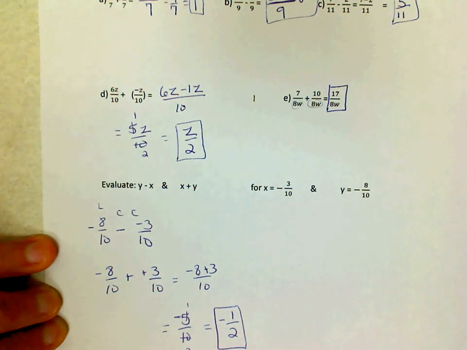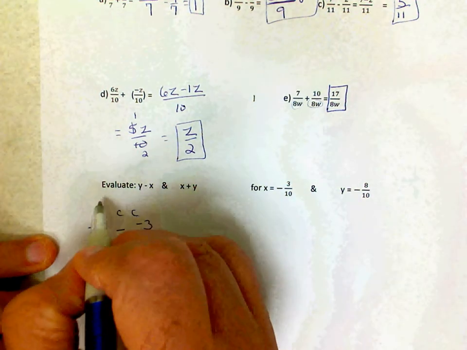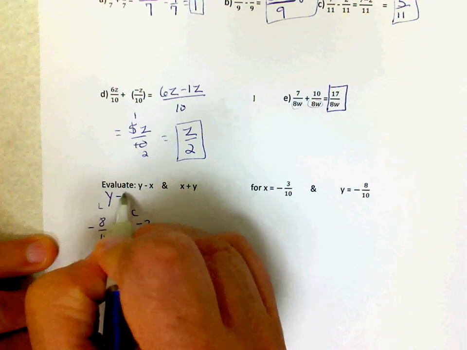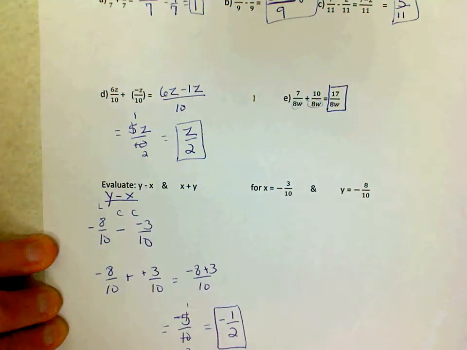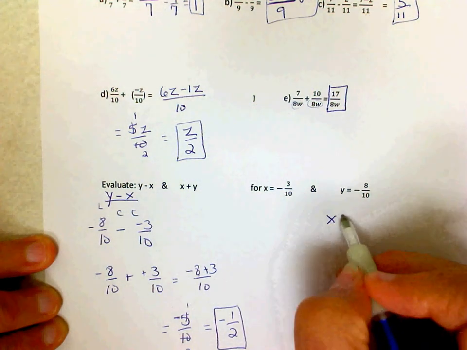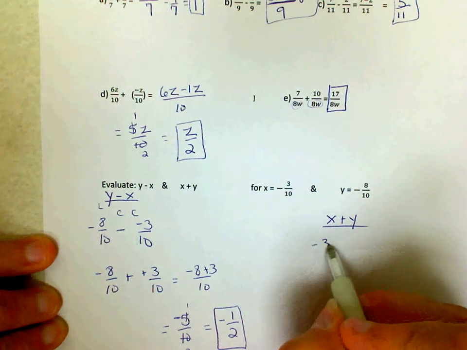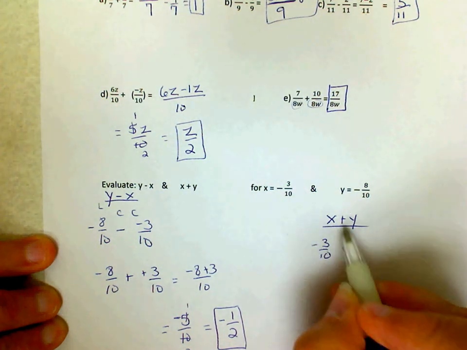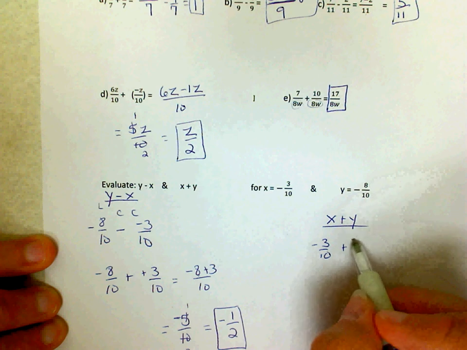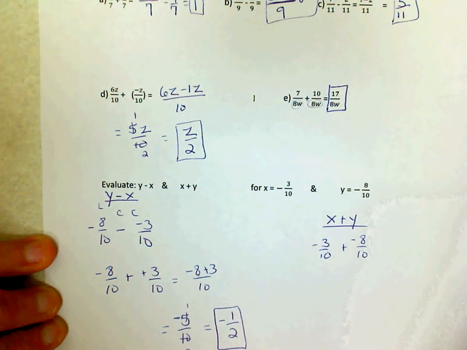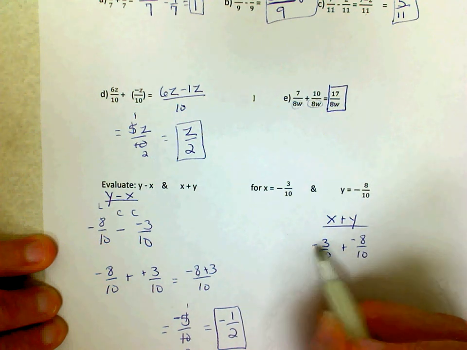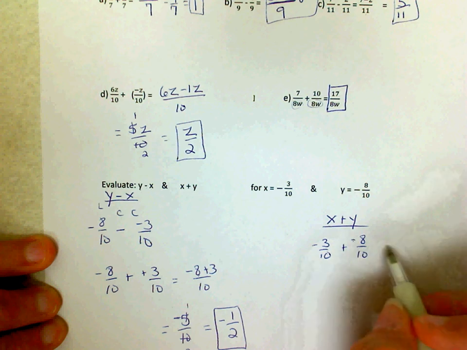Now, part B, and this was starting from y minus x. Now we're going to start from x plus y. So x is -3/10 plus y, which is -8/10. Now, negative plus a negative becomes a bigger negative.